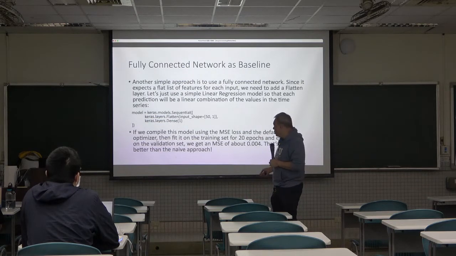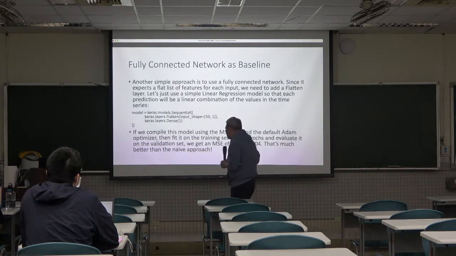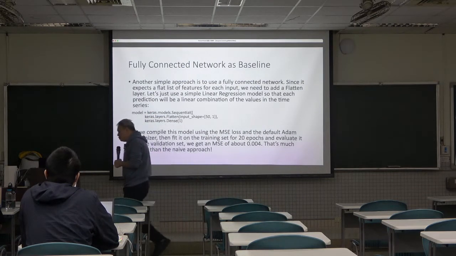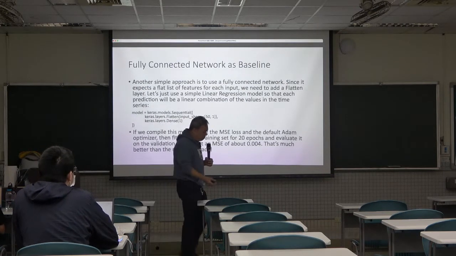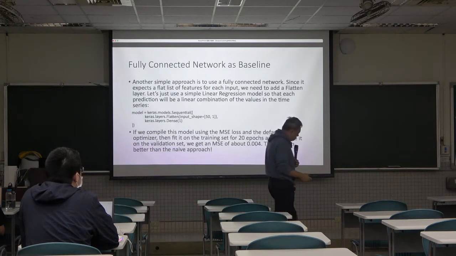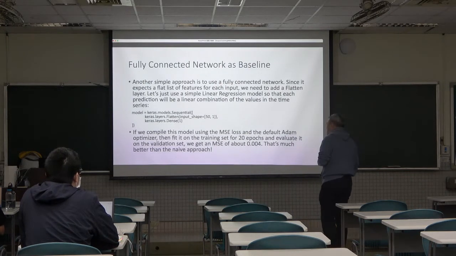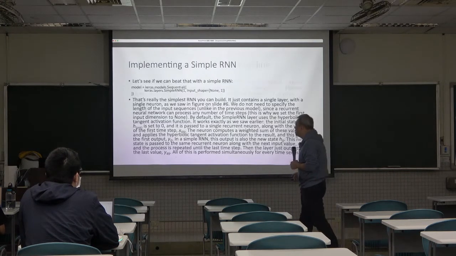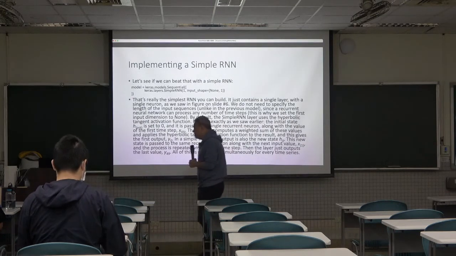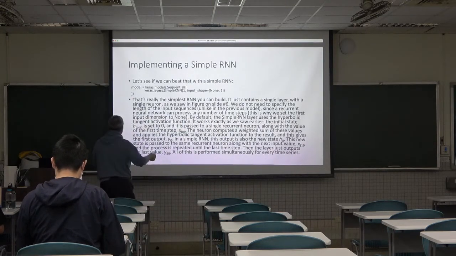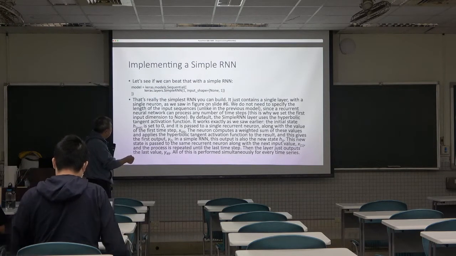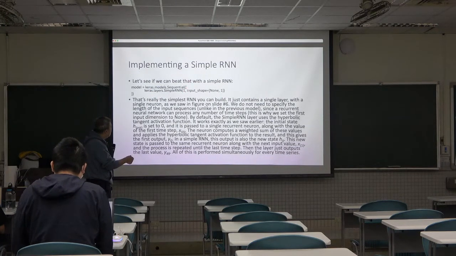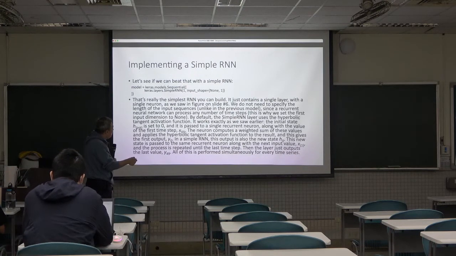So we want to see if we use RNN, can we outperform these two baselines? The first one is very simple: we just create a simple RNN with 1 neuron. Input shape is None, 1.